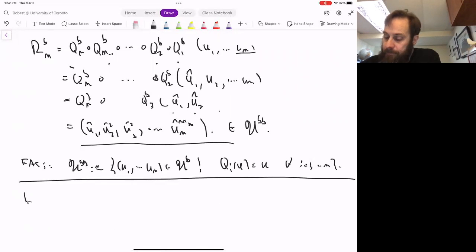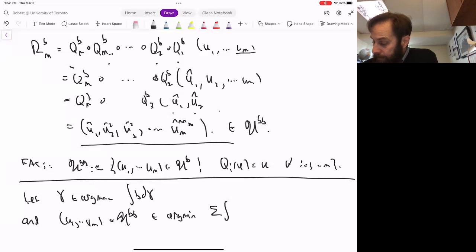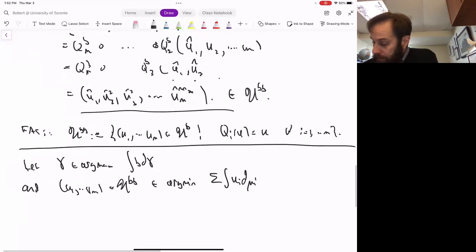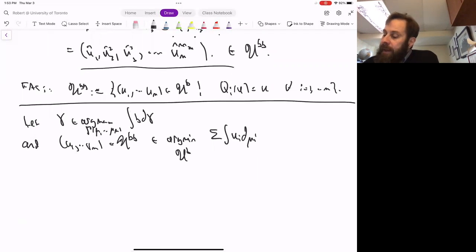And so let gamma be a maximizer, and u1 to um a minimizer. So this is argmax over capital gamma, and this is argmin over, I guess, UB. And so what does it mean?